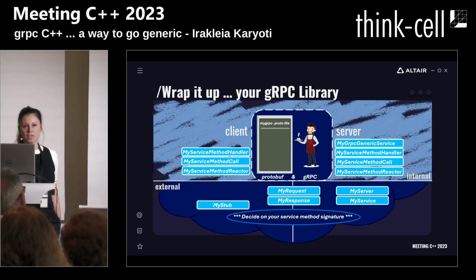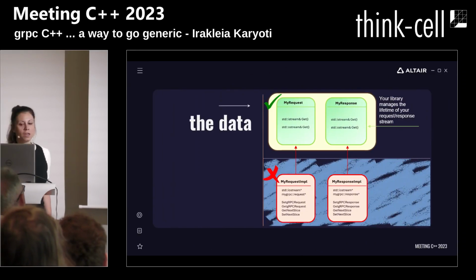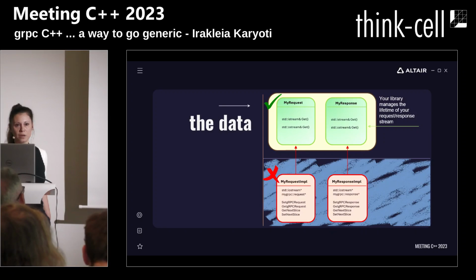So also we need to decide on what our common service method signature will be. Just like gRPC, it has to be unique and common for all the methods. Looking at the data, my request and my response, the only thing that those provide is actually a standard stream for the client and the server to read and write back. And the library now is responsible to manage the lifetime of the request and the response stream.